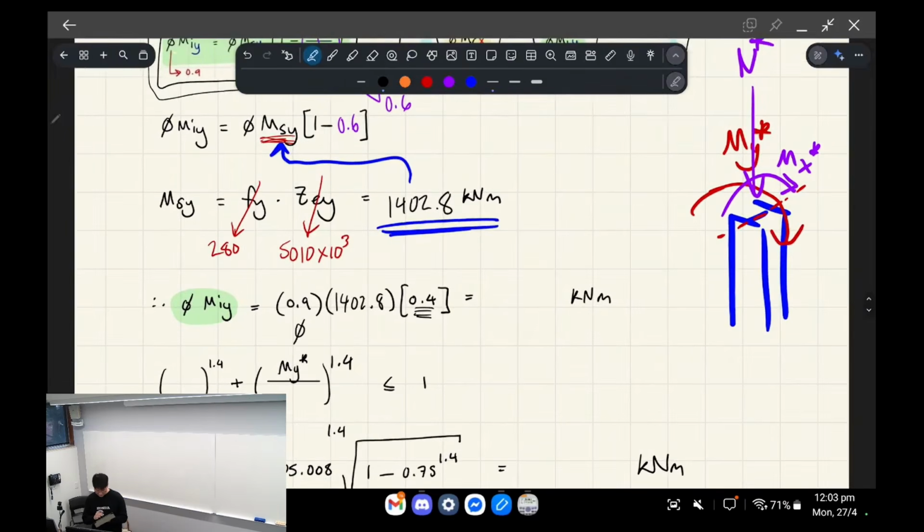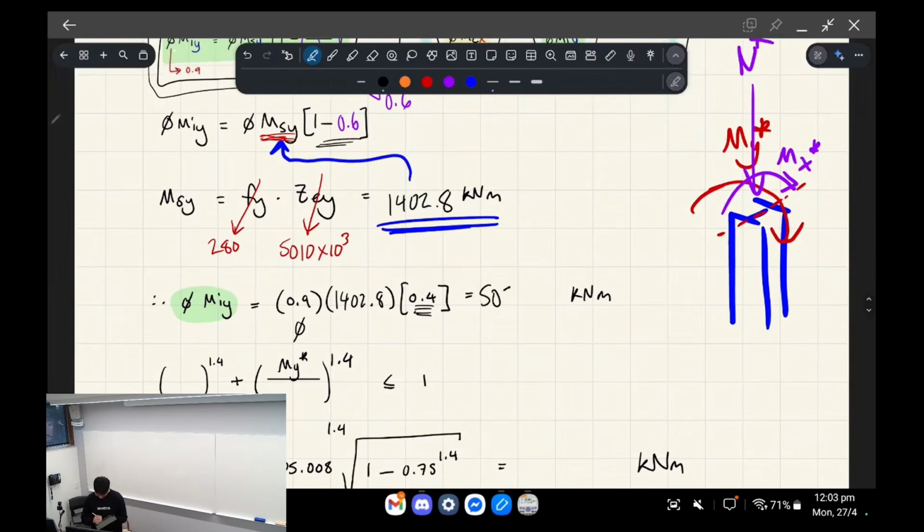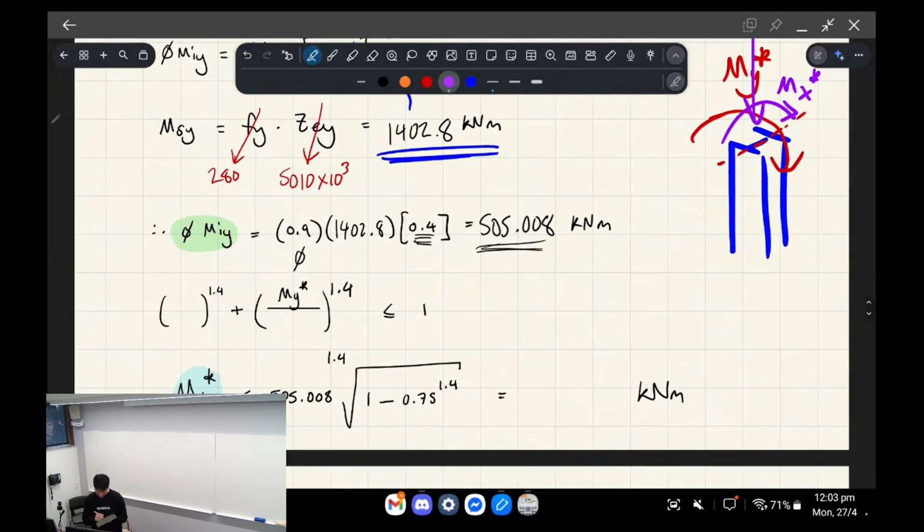So that's 1 minus 0.6. Give me a sec, I'm trying to figure out where I am. Yes, that gives us 505.008 kilonewton meters.